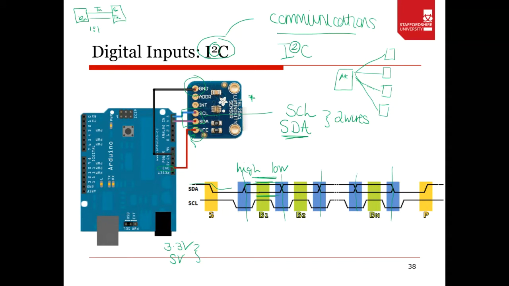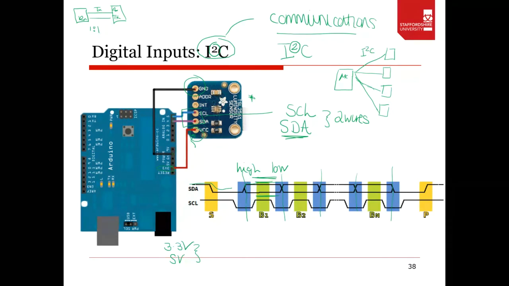So multiple sub devices using the same I2C bus and connection. So we can have multiple devices. That is what we're going to realize in our practicals. But more about that in your practicals, because this is just the introduction.